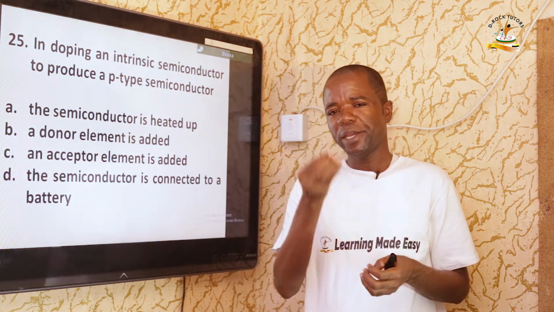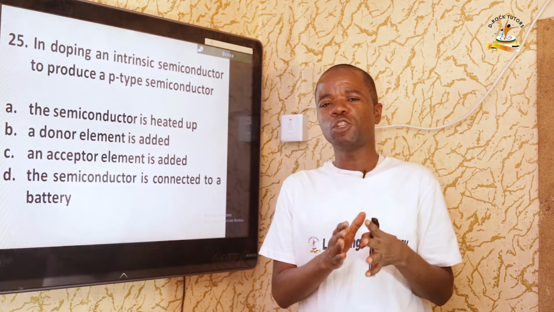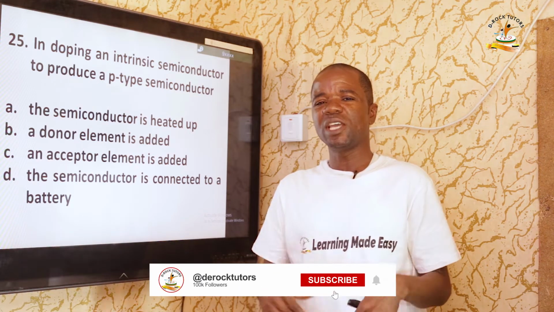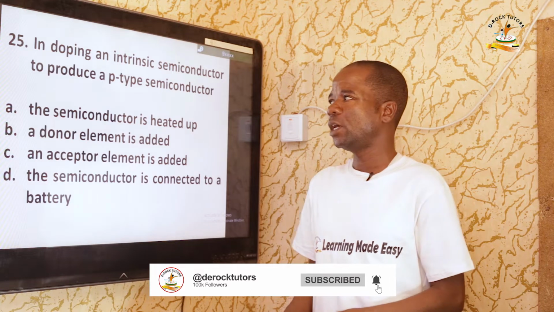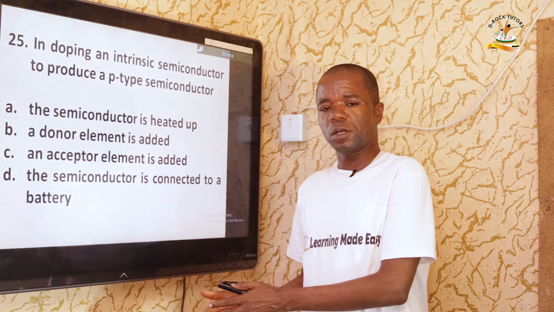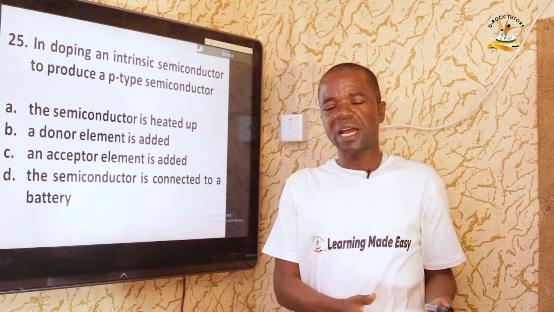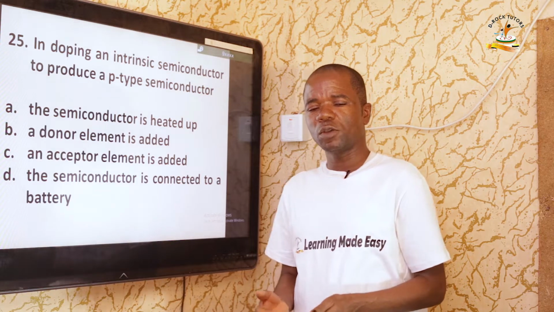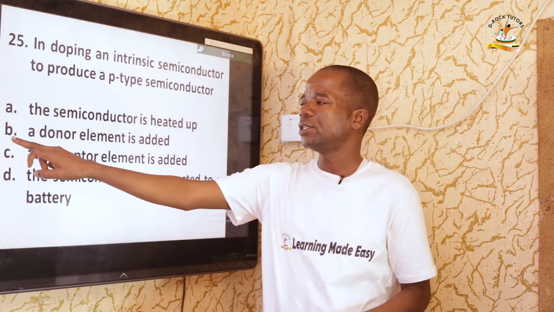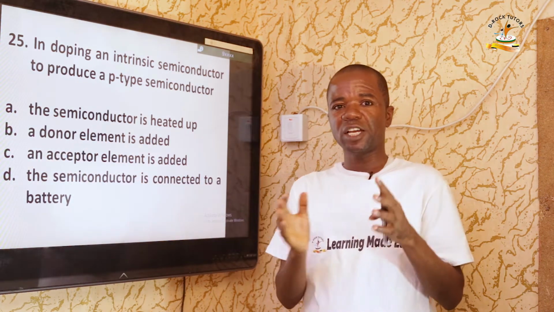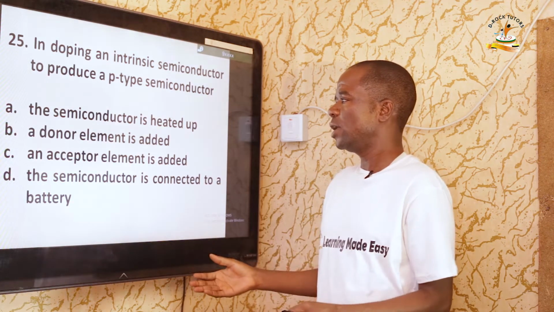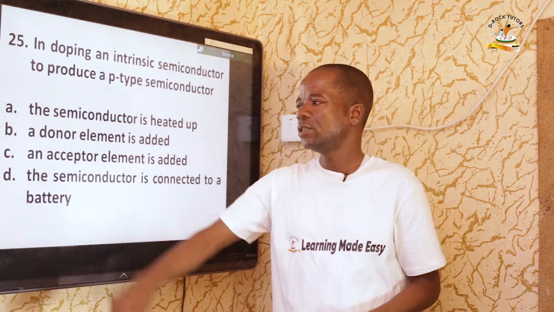Doping is the process whereby a small amount of impurities is added to a pure semiconductor like silicon to increase its conductivity. During the doping process, we can produce a p-type semiconductor if a trivalent metal is added, or an n-type semiconductor if a pentavalent element is added. So the correct answer here is option B, a donor element. Either a trivalent or a pentavalent element is added. The correct answer is option B.